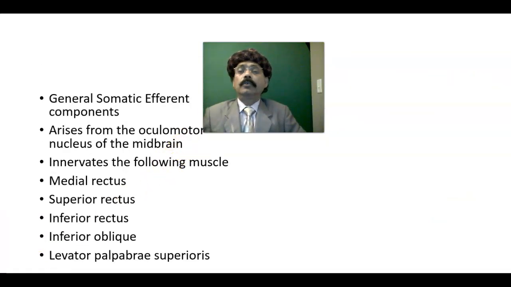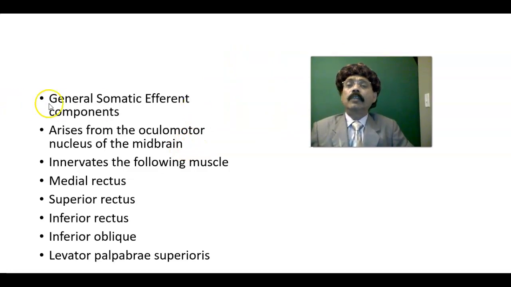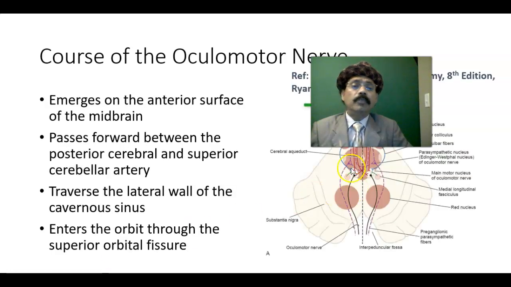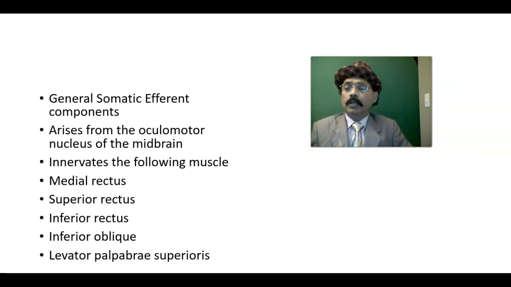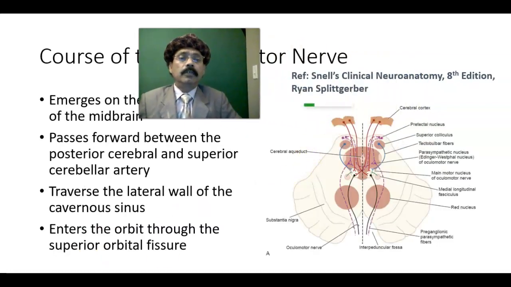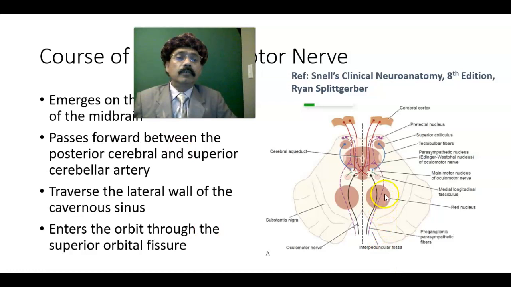Okay, so it has a general somatic efferent component that arises from the oculomotor nucleus of the midbrain. If we go to the previous image, to the midbrain, the oculomotor nucleus is located here.